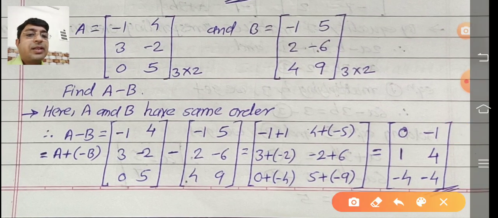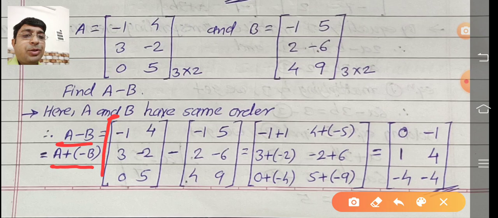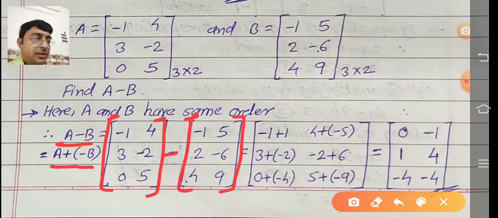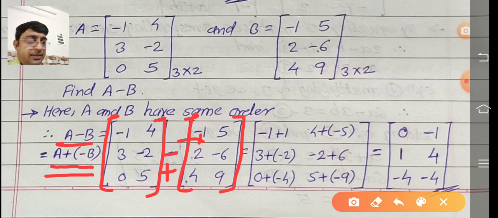Now see that. Therefore A minus B is equal to, that we write as A plus of minus B. So matrix A minus matrix B. We are changing the sign of matrix B and writing a plus sign as per this rule.